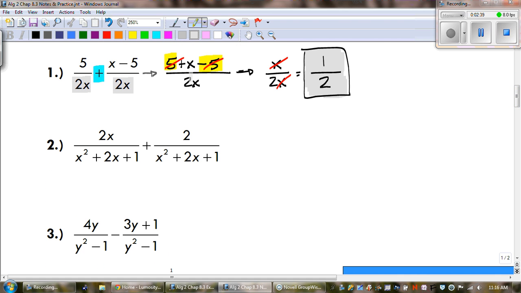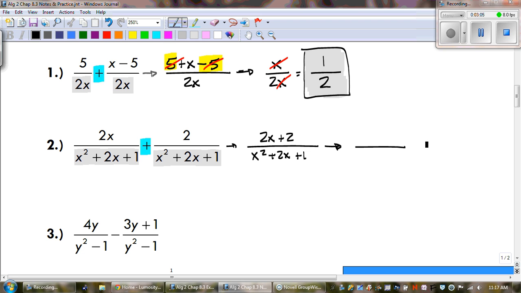Okay, number 2. Are the denominators the same? Yes. What operation do we have? Addition. So I can just add the top. It's 2x plus 2, and the bottom is x squared plus 2x plus 1.